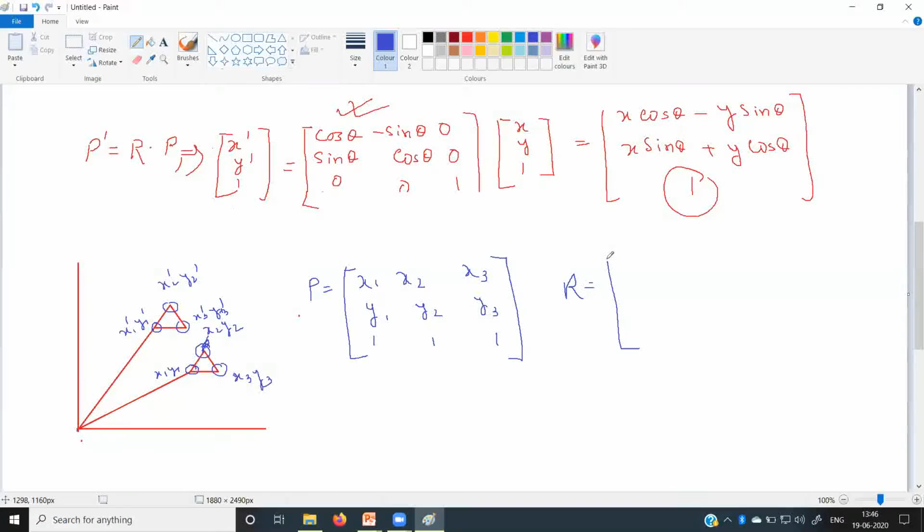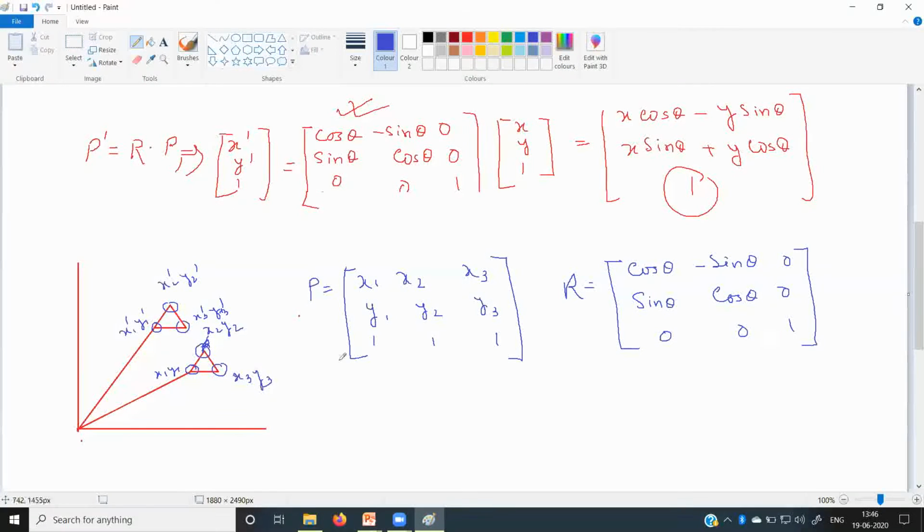Okay. And our rotation matrix R is already given. You know what will be the rotation matrix. It will be cos theta, minus sin theta, 0, and then sin theta, cos theta, 0, and then 0, 0, 1. Okay.